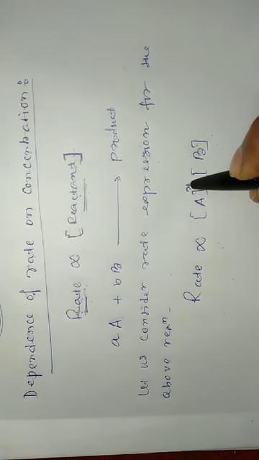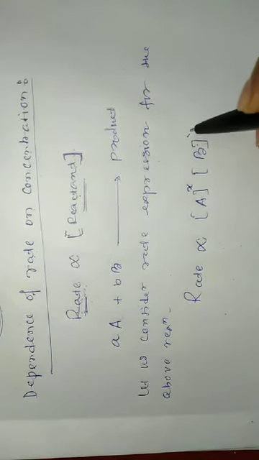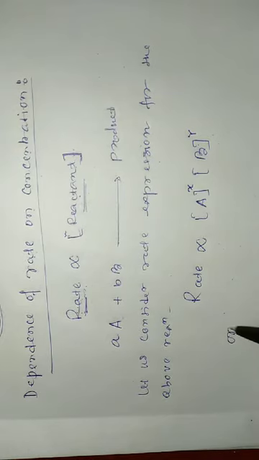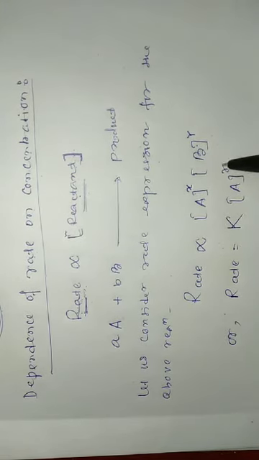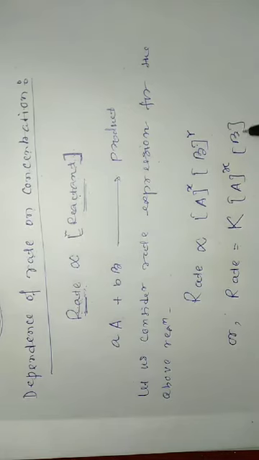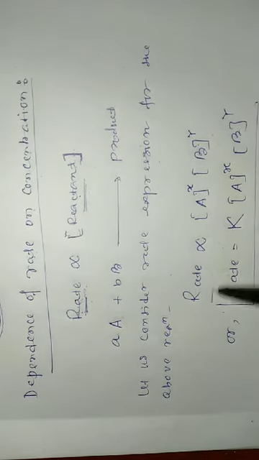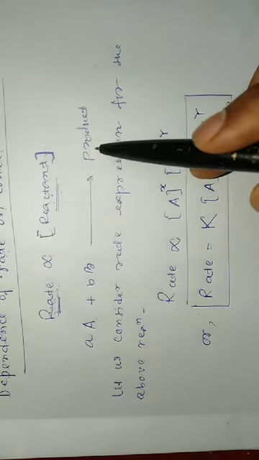Let us consider the exponent is x for A and y for B. So when we remove the proportionality sign, we have to put a proportionality constant k: rate = k [A]^x [B]^y. So this is the rate expression or rate equation for this general reaction.